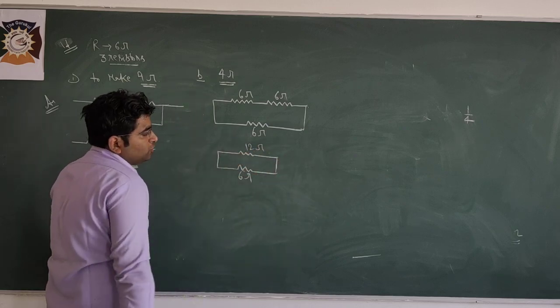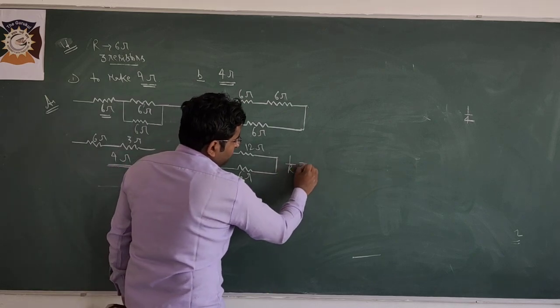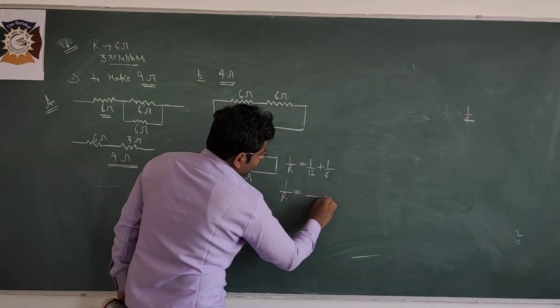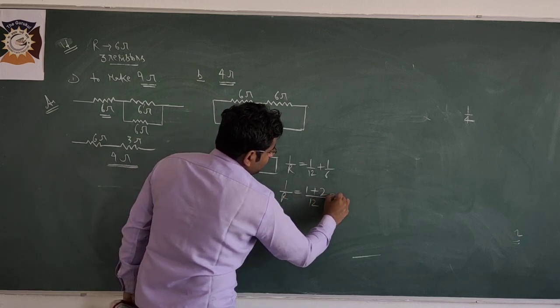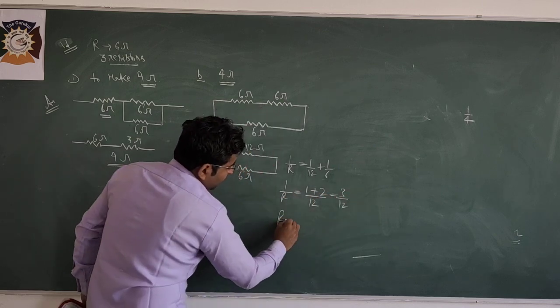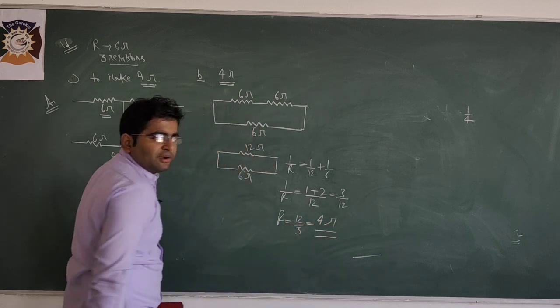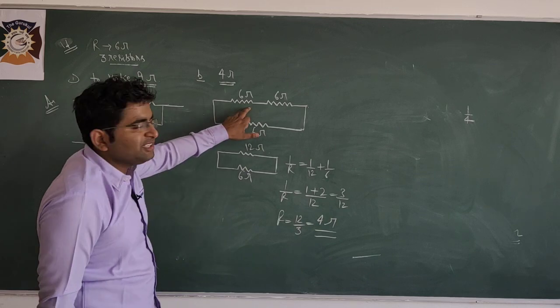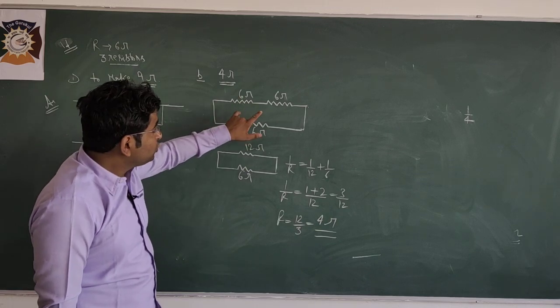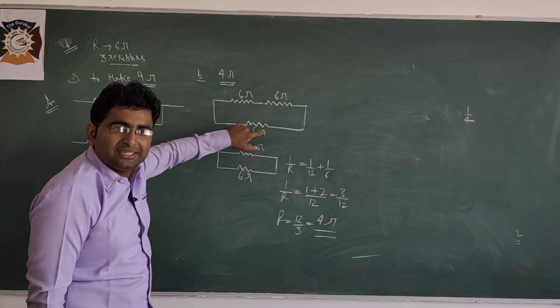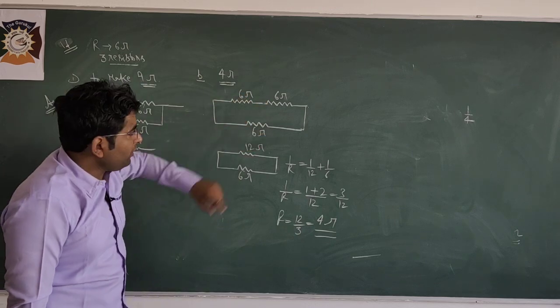If you want to find the resultant, 1 by R equals 1 plus 2, that is 3 by 12, and R will be equal to 12 upon 3, which gives 4. Clear? So the answer will be this diagram. You have to connect 2 resistors in series and their combination should be in parallel with the third.